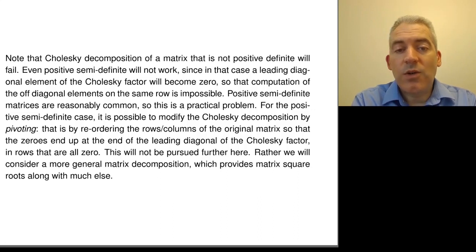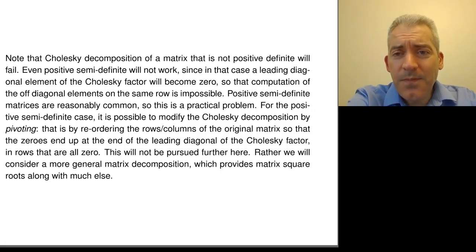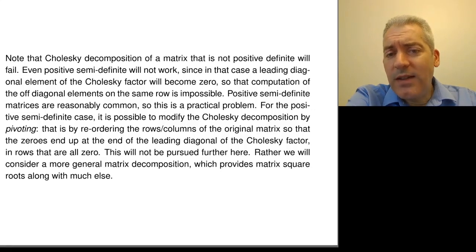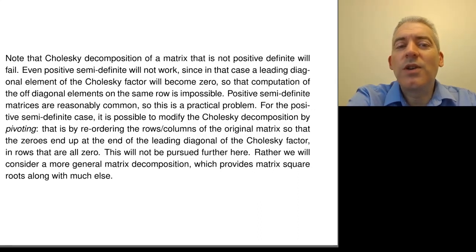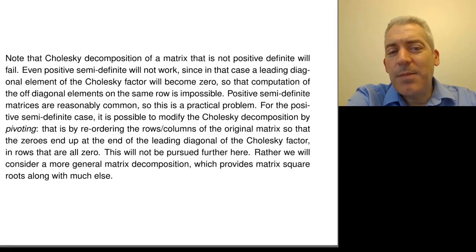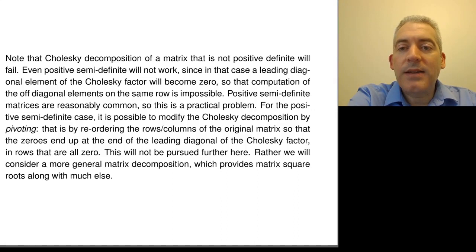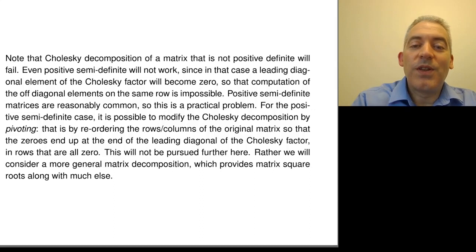So there's a question of what you should do in that case. In fact, you can modify the Cholesky decomposition process slightly in order to figure out what is effectively the Cholesky decomposition in that singular case. But in statistical applications, that's not normally what people do. People generally use a different decomposition, and there are various other decompositions that we're going to look at, but that is the topic for the next lecture.